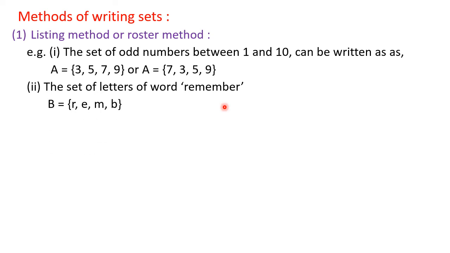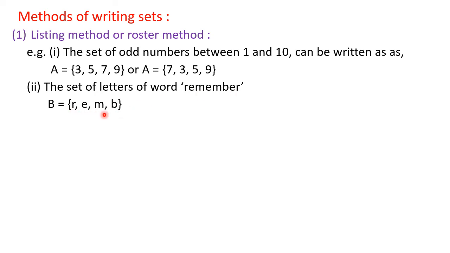So I am taking one more letter, say B, to denote the set, equal to, and inside the curly bracket I have written only 4 letters R, E, M, B. You will find that here there are 1, 2, 3, 4, 5, 6, 7 and 8 letters, but in the set only 4 are there.